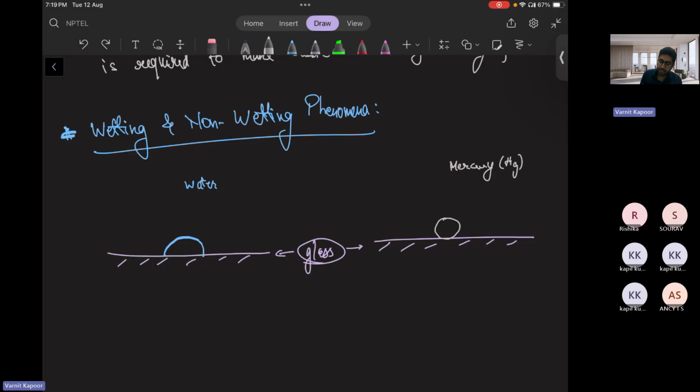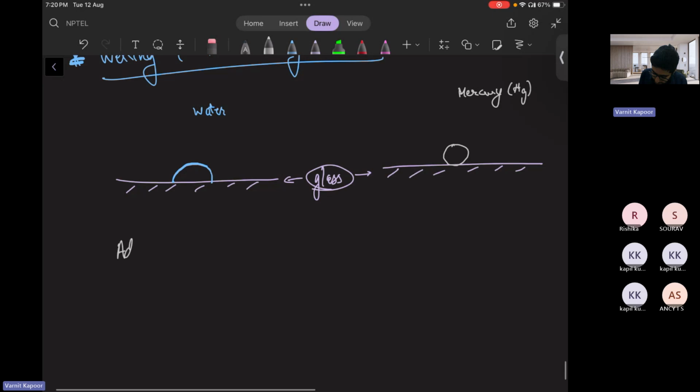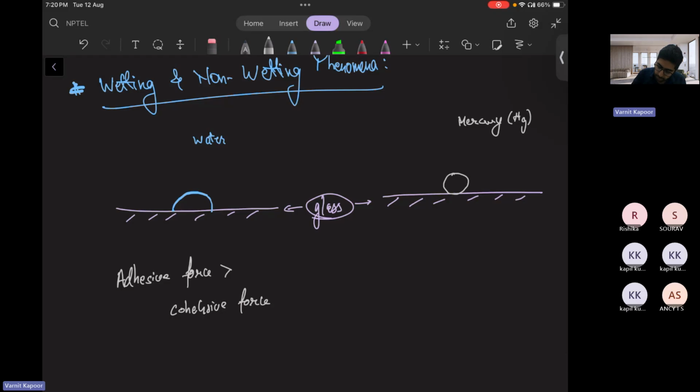So here adhesion forces are greater compared to the cohesion forces. Adhesion forces greater than cohesive force. So that means there are unbalanced forces as well again.